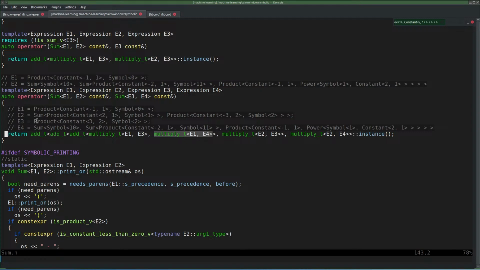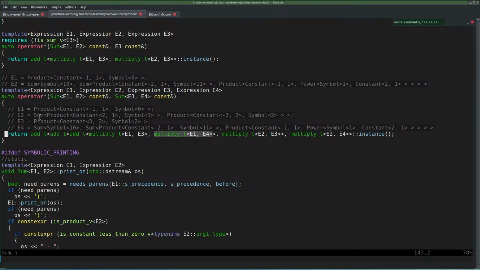No, it's not product or sum. It's a multiplier. So product something. It's probably E3, E4, or what is it? E1, E2.